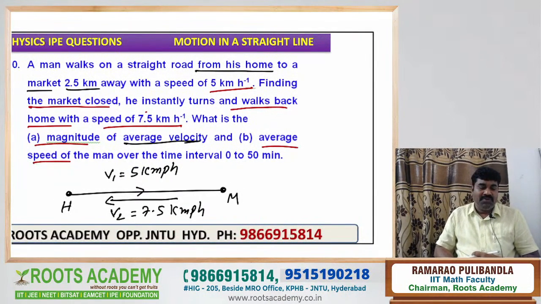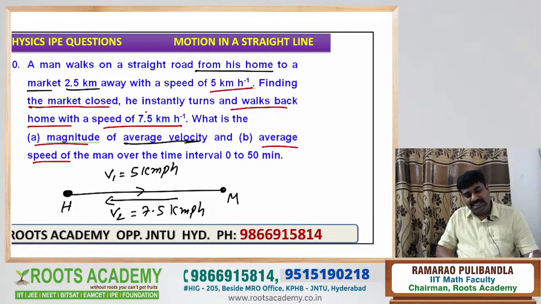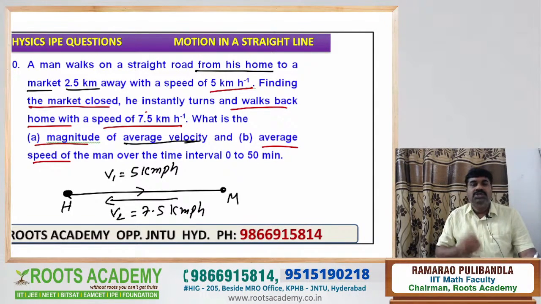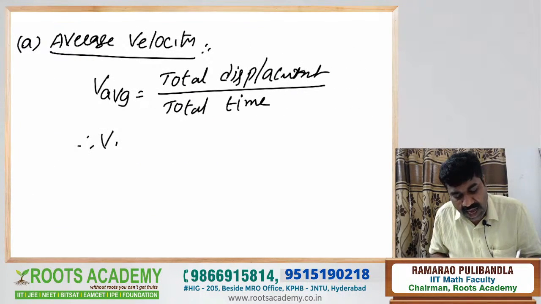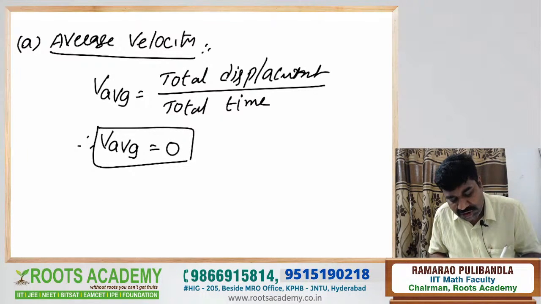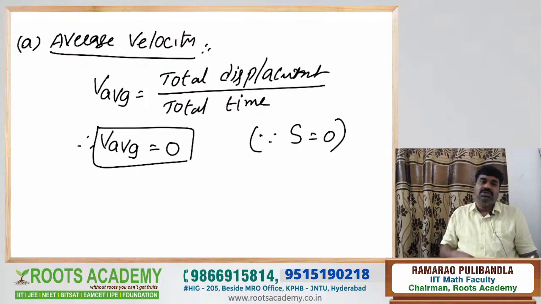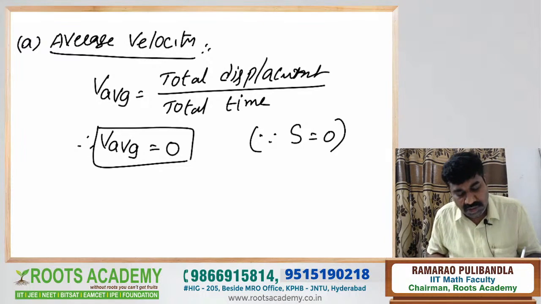The body is moving from home to the market and from the market back to home. The initial and final points are the same: the initial point is home and the final point is also home. So the displacement is 0. Therefore, average velocity is equal to 0, since displacement is equal to 0.